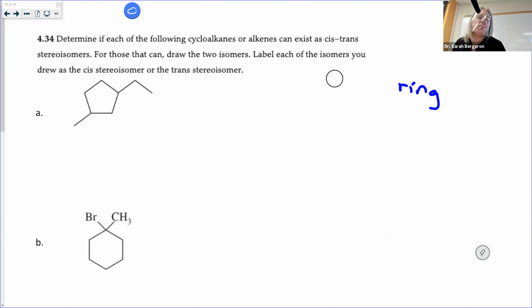Okay, so we're looking for a double bond, a triple bond, or a ring. Do we have one of those things in A? Yes, we do. Okay, so if we have this ring, we're looking for the R groups that are coming off the ring. So where are my R groups that are coming off the ring? If I number my carbons, what do I have?